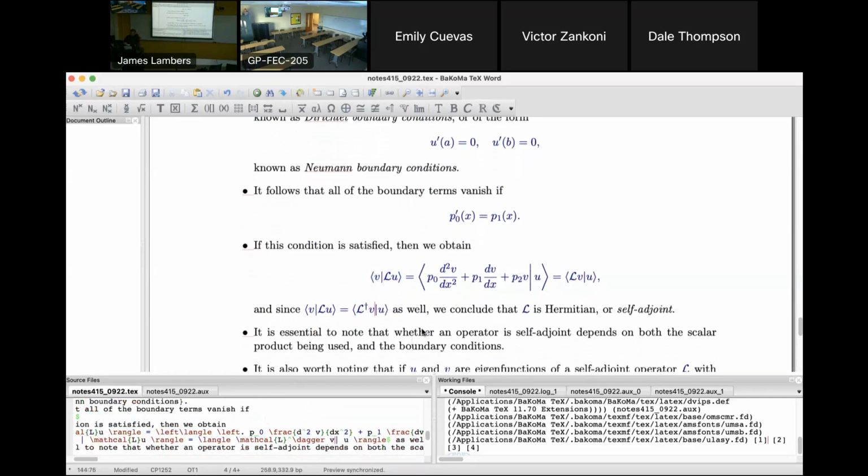Okay. So this equals this by definition of adjoint. Because this also equals this, and we see these scalar products are the same, except here we have L adjoint, here we have L. L and L adjoint must be equal, so it's self-adjoint.